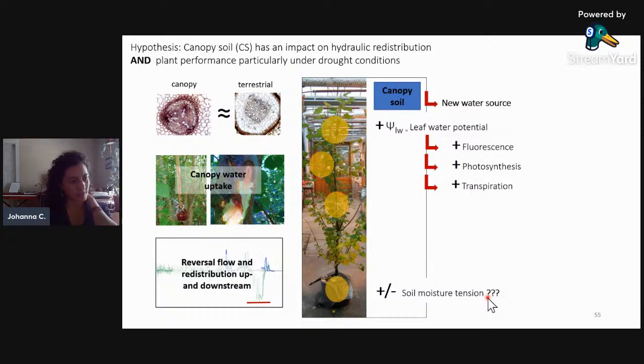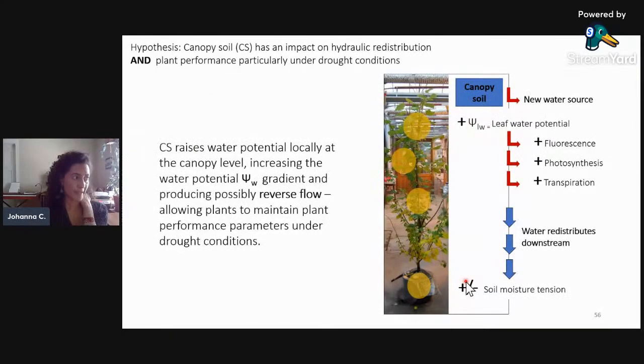I guess it needs more experiments, but it could be that there's less transpiration, or it could be that water from the canopy soil can be redistributed downstream. So at the end, the canopy soil raises the water potential locally at the canopy level, increasing the water potential gradient and producing possible reverse flow, allowing plants to maintain their performance.